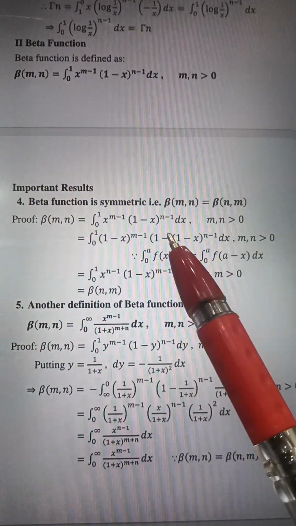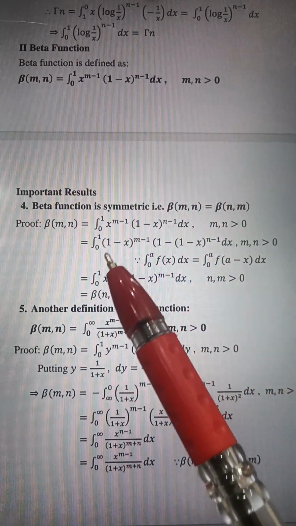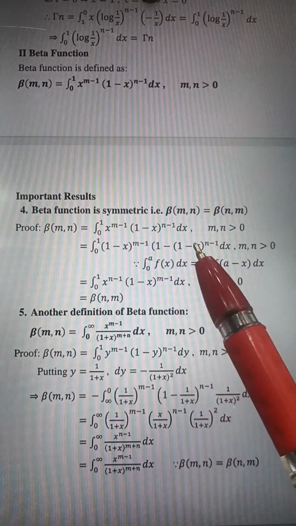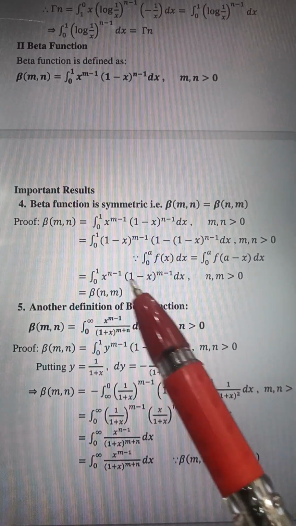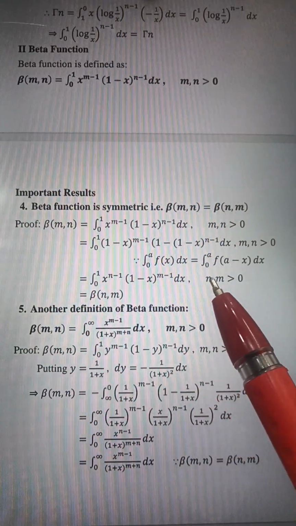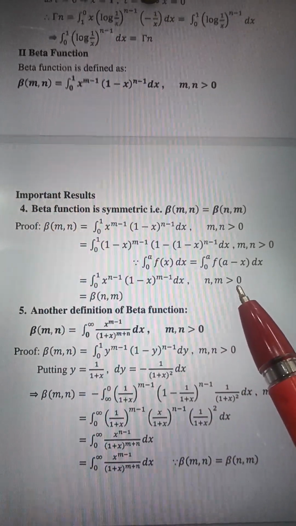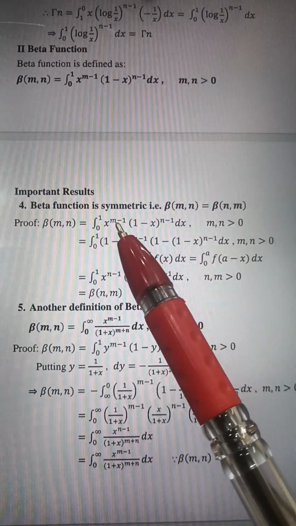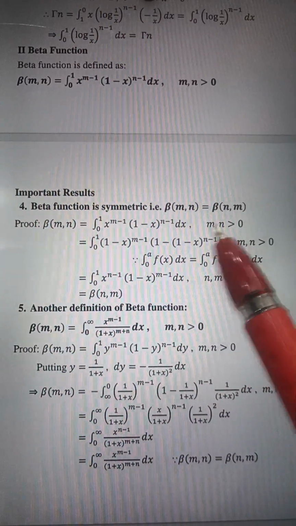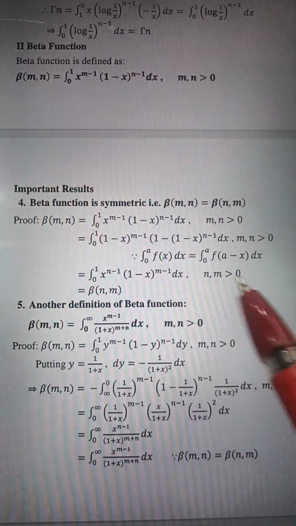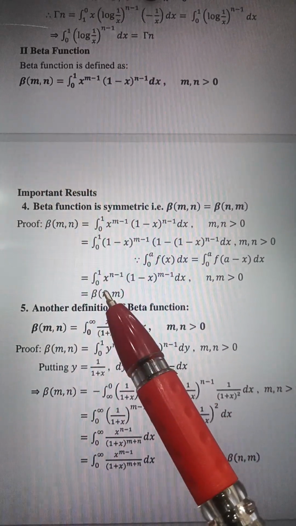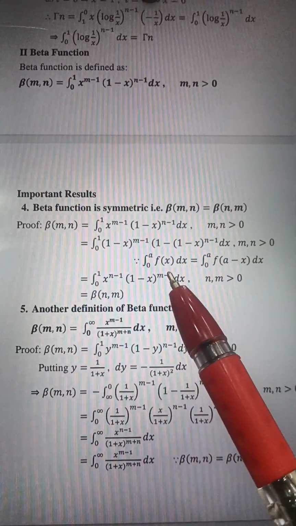I hope this is clear. 1 and 1 will cancel. What will be left? The integral from 0 to 1 of x^(n-1) (1-x)^(m-1) dx, where n and m are greater than 0. See, m, n, so n, m, so we are writing n, m greater than 0. So from this we can see that beta function is symmetric.